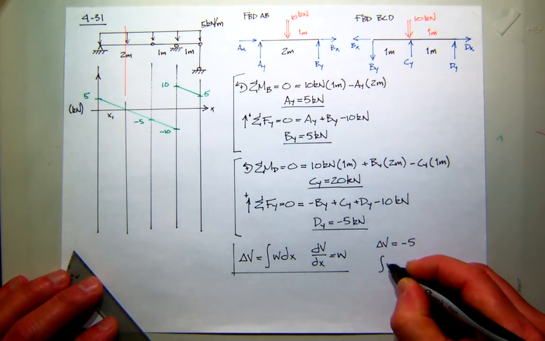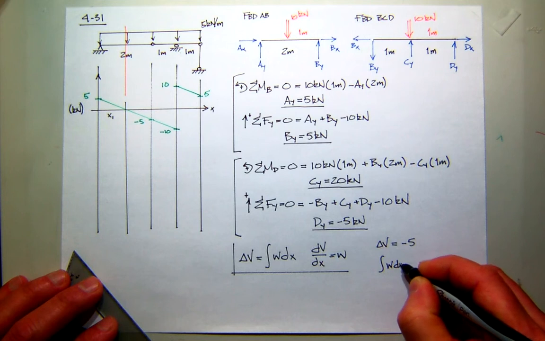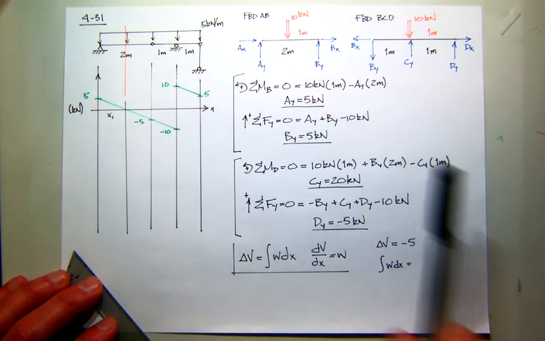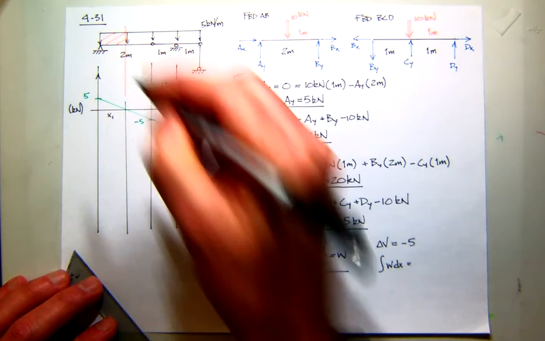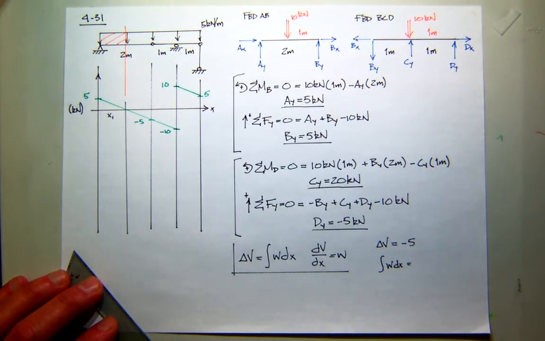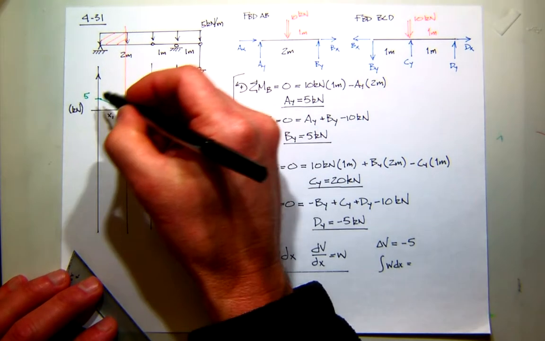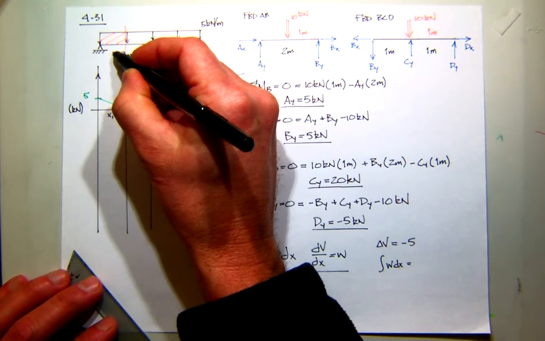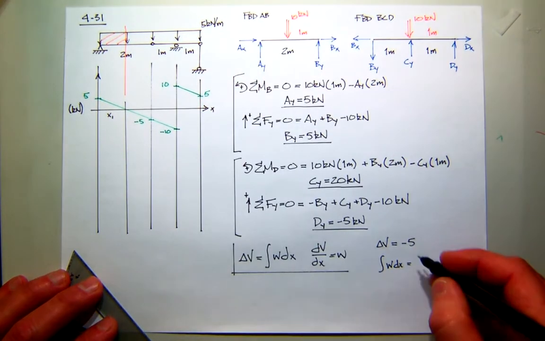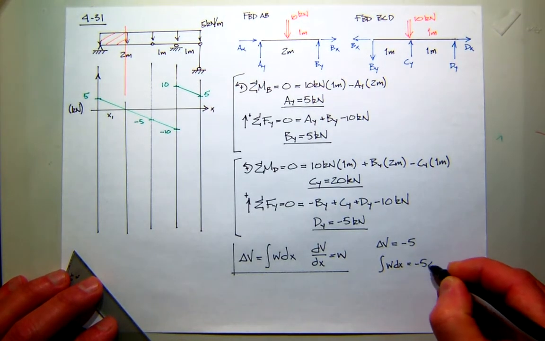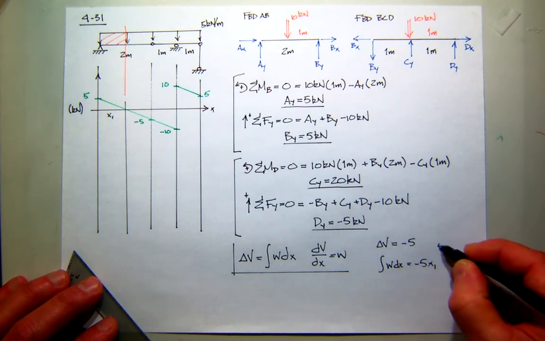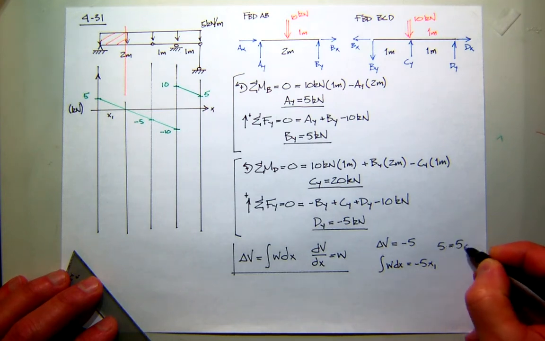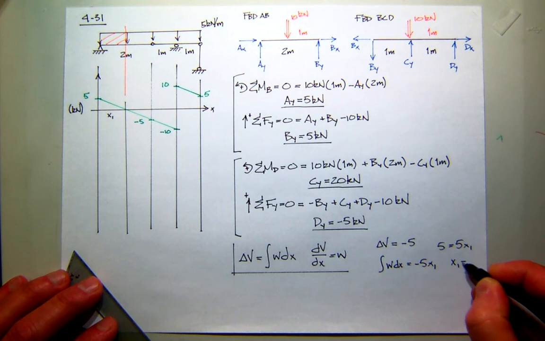The area under the load curve in this same segment is this area. What's the area of a rectangle? Base is x1 times height, which is 5. So that should be negative 5 times x1. Of course, if you set these two equal, what do you get? 5 is equal to 5x1, so x1 is equal to 1.